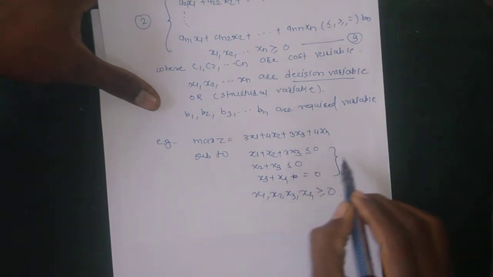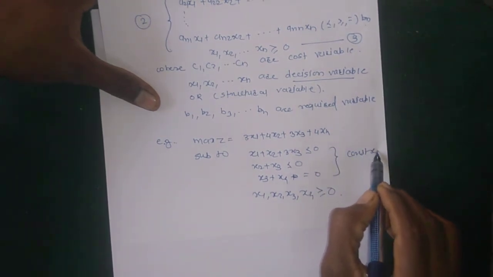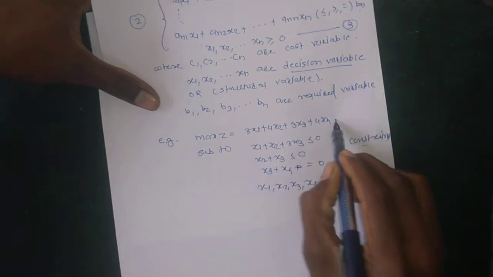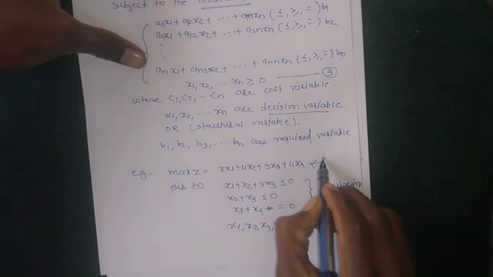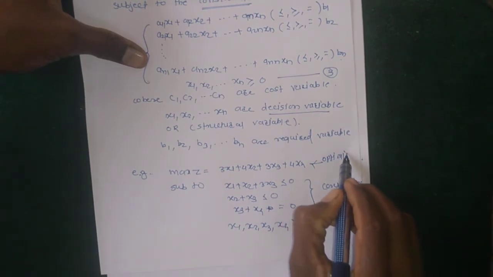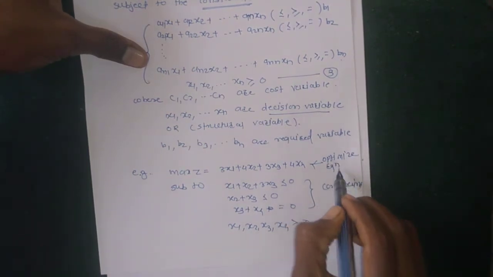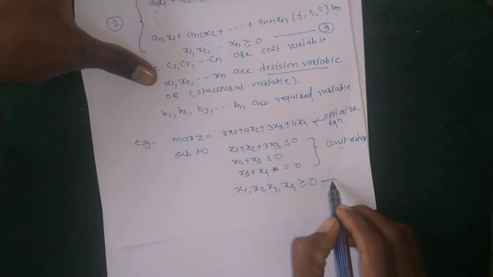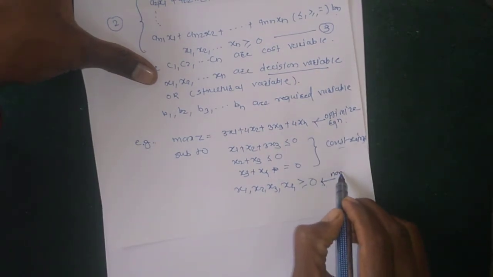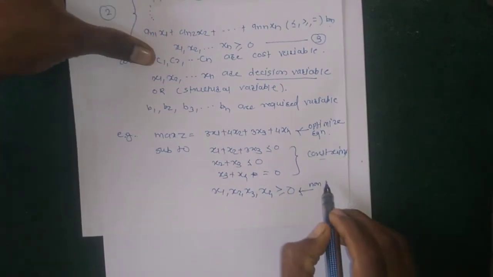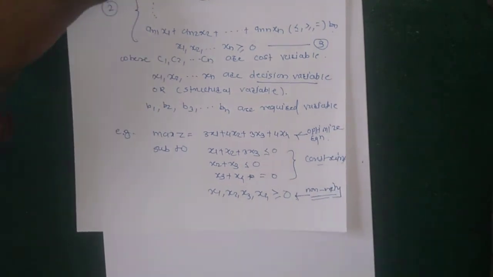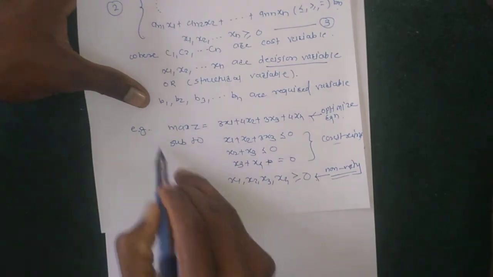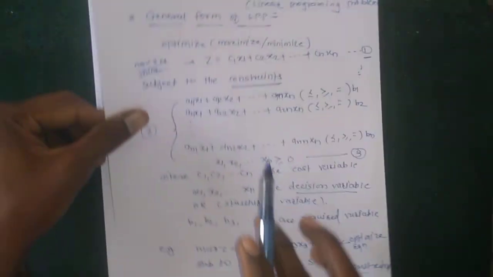These are all our constraints. This is the optimize function or optimize equation, and this is called the non-negativity condition or restriction. In this way, this is a general form of LPP.